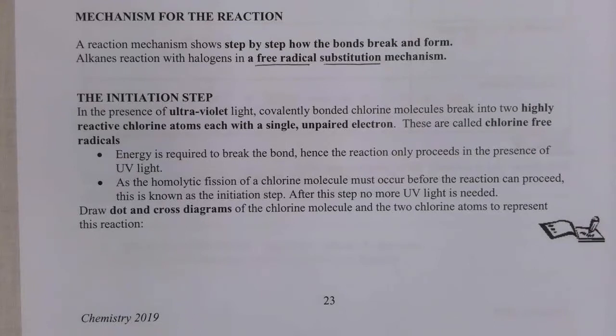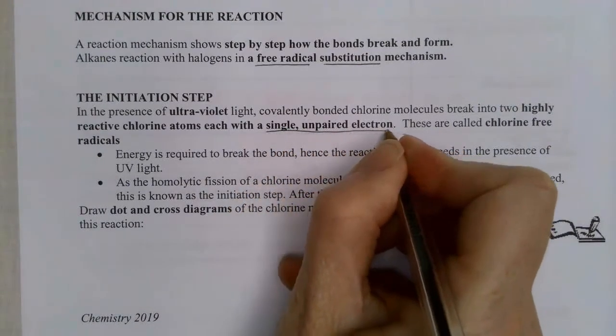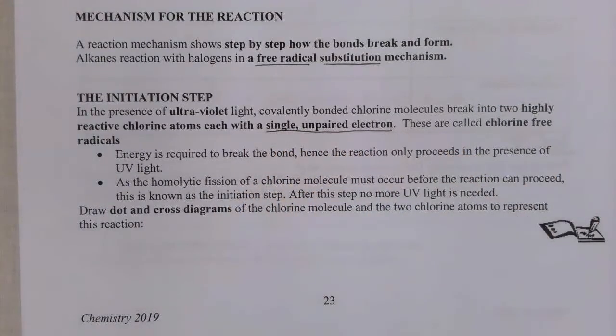The UV light can break a chlorine molecule into 2 highly reactive chlorine atoms. Now these chlorine atoms are called free radicals. The reason they are called free radicals is they have a single unpaired electron, and that's what we mean by a free radical, a species with an unpaired electron.